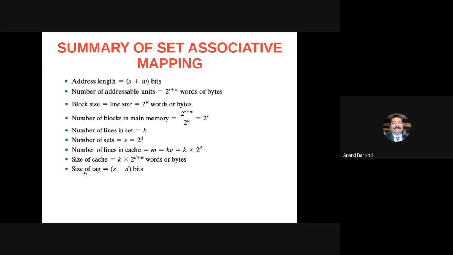Then the size of the tag is S minus D bits. This is the summary of set associative mapping.